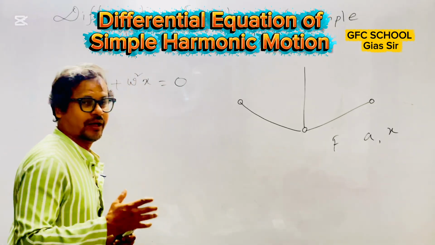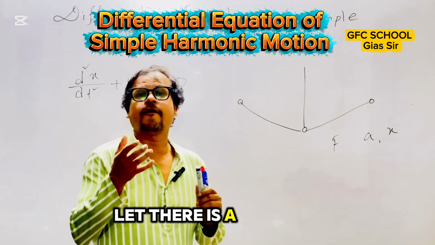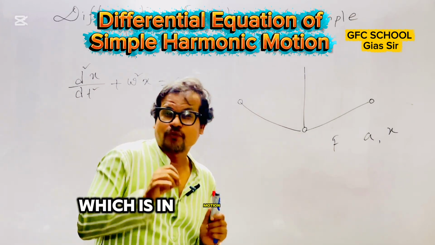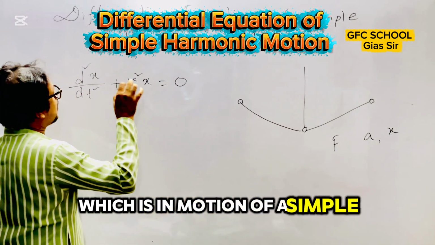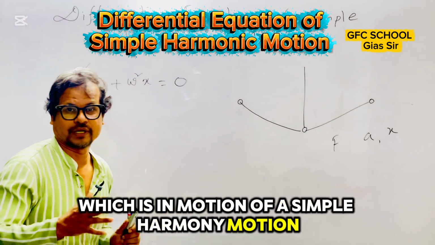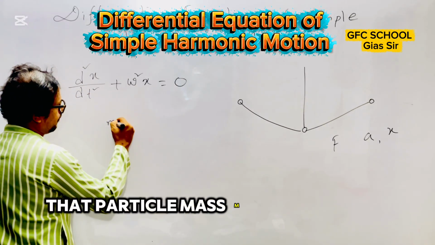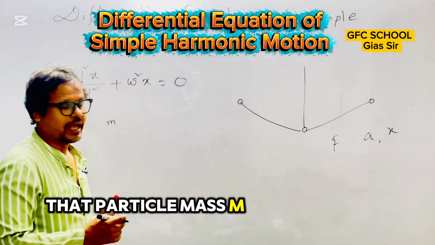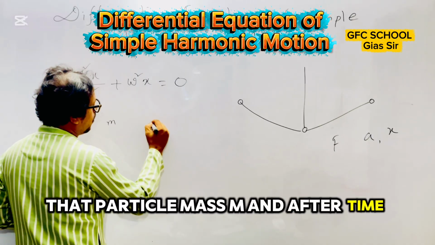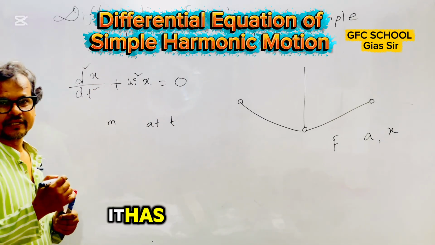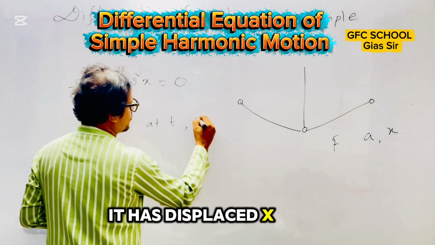Guys, suppose there is a particle which is in simple harmonic motion. That particle has mass m, and after time t, it has displaced x distance.